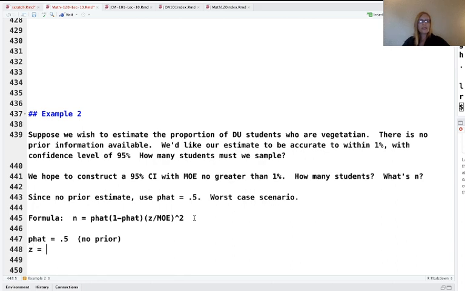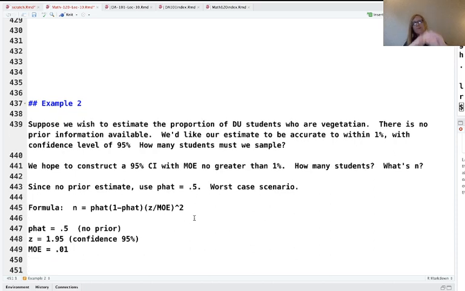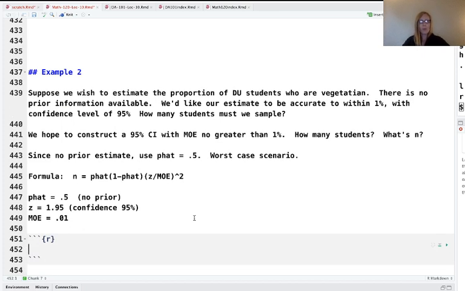We're using z equals 1.96 because confidence is 95%, just like we've seen on previous examples. Ask me about this in office hours if that doesn't make sense. And for our margin of error here, we're going to do 0.01 because that's 1%.